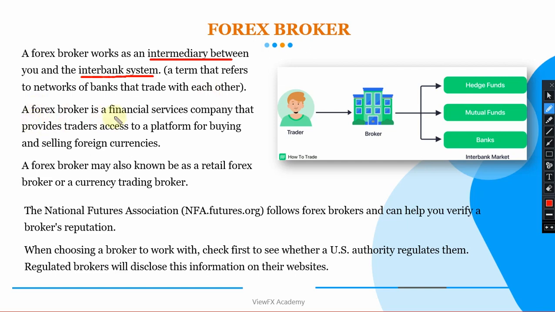So a forex broker is a financial service company, almost like a bank, that provides traders access to a platform for buying and selling foreign currencies. Your broker provides access to a platform for buying and selling currency pairs.